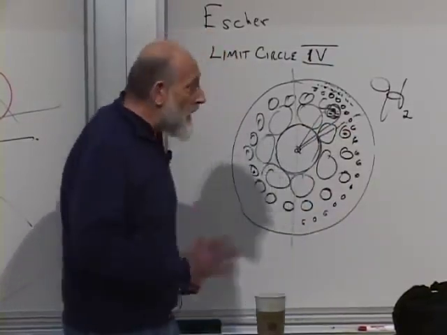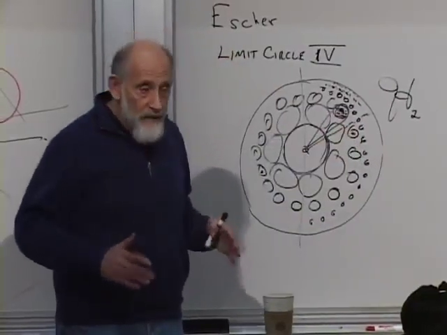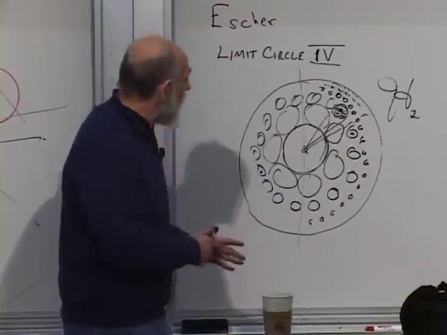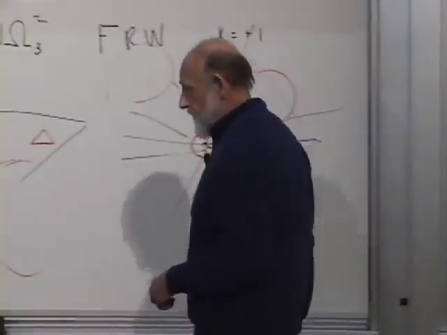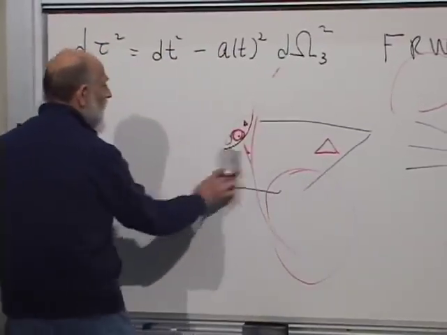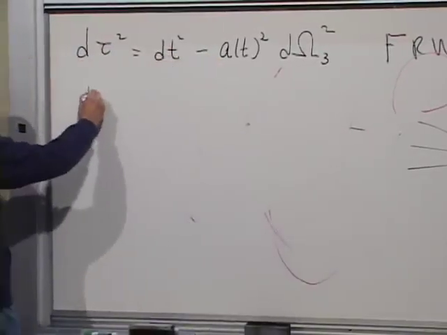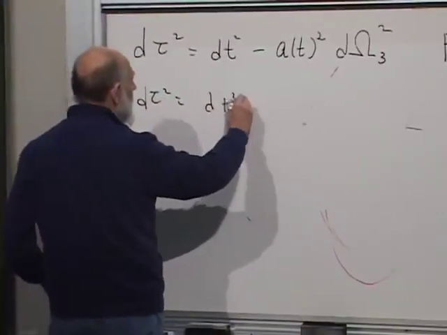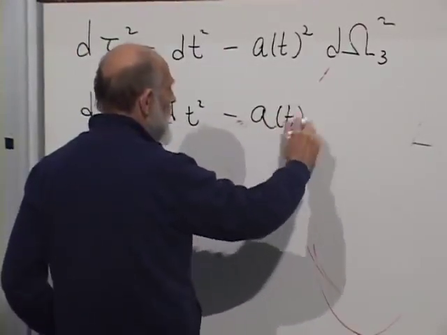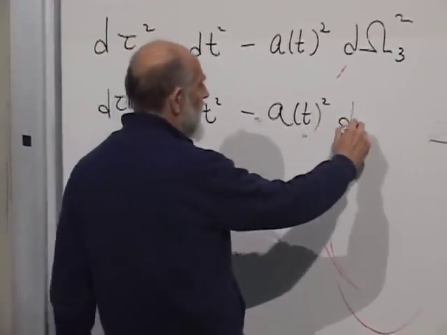Cosmology based on space which has negative curvature is usually called infinite negative curved FRW. So, what does infinite negative curved FRW look like as a mathematical metric? Same deal. d tau squared is equal to dt squared minus, again, some natural size of the thing times dH3 squared.